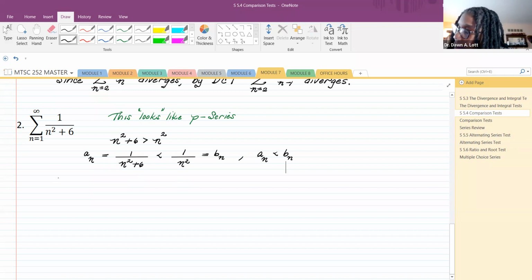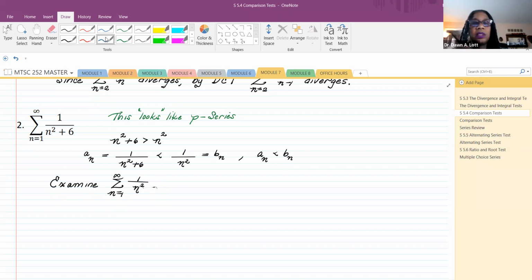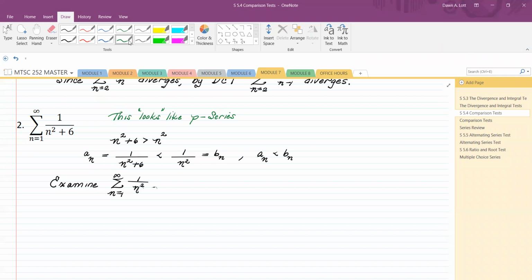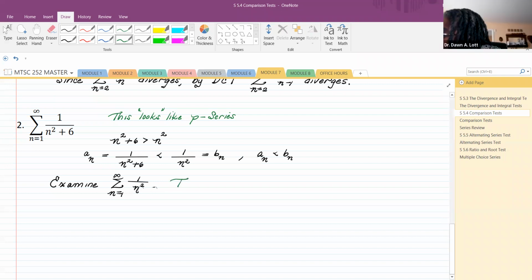Now let's examine the summation n equals 1 to infinity of 1 over n squared. What do we know about this series? What kind of series is this? The P series. So this is a P series.